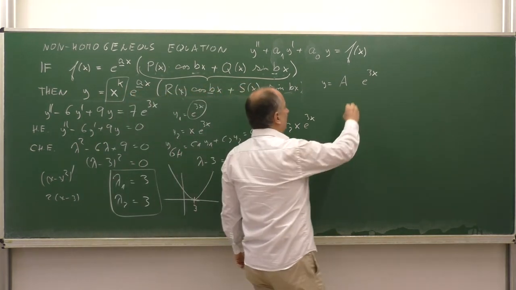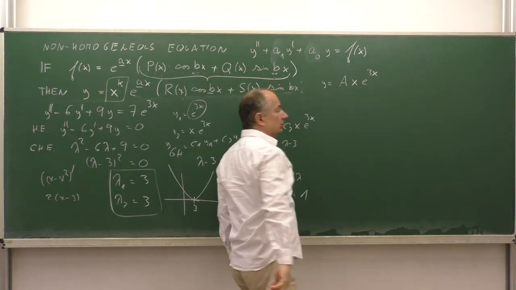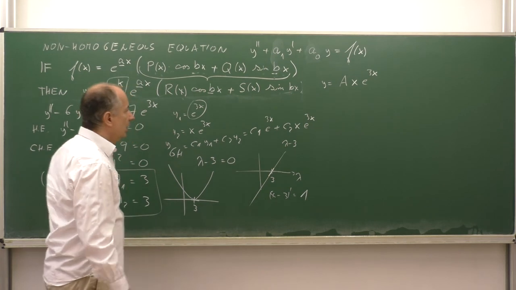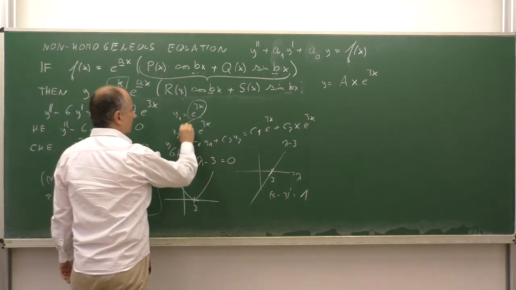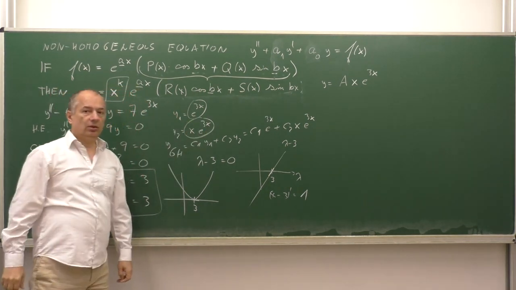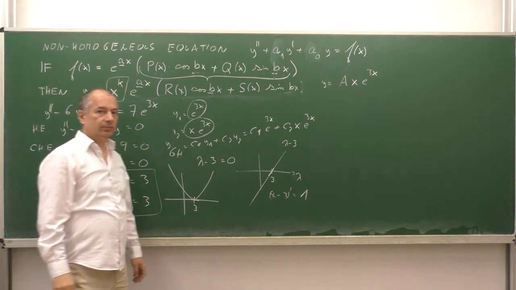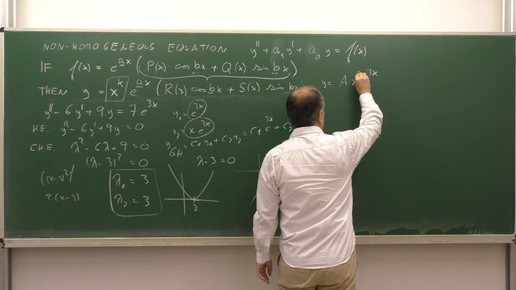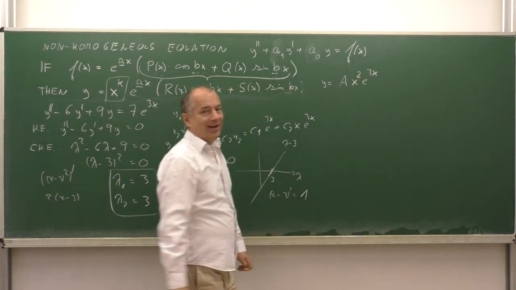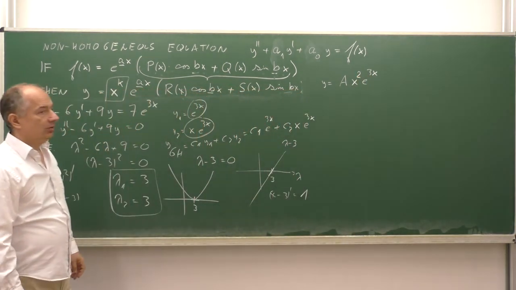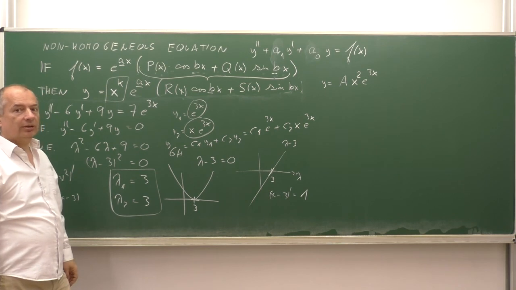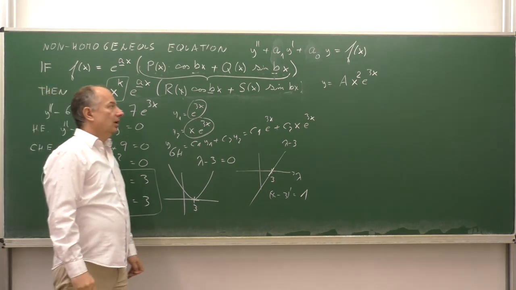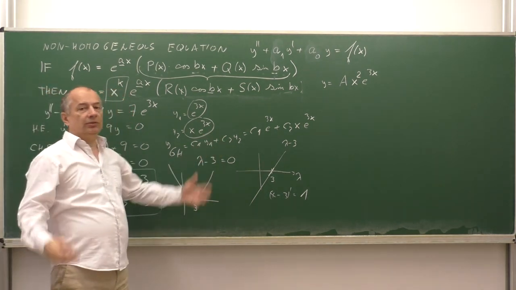Even if you multiply by x, this is still not good because x e to 3x also solves the homogeneous equation. So we must multiply by x once again to arrive at x squared times e to 3x. And this is the correct expression for the solution.